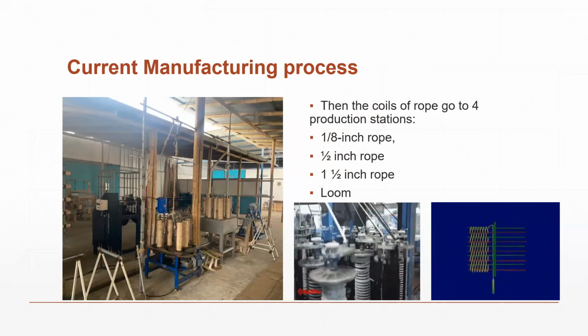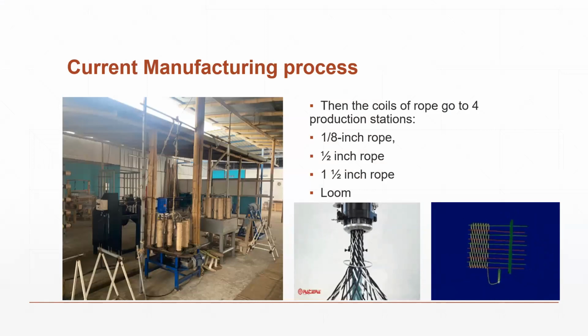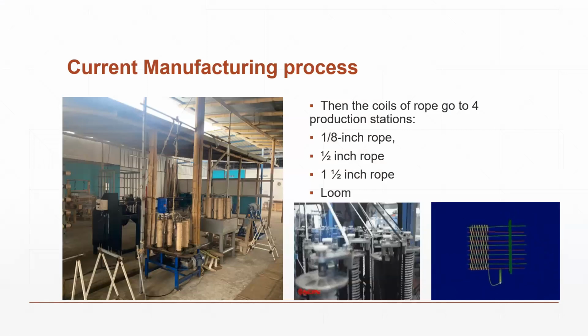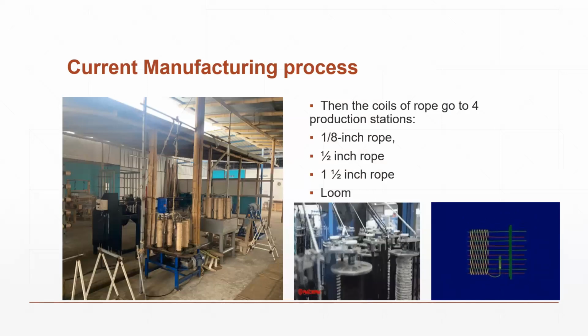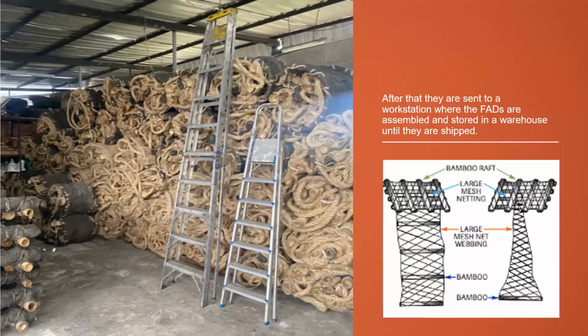Once all the products are finished, they take the ropes and the looms to the assembly station, and store all the parts in a rack or in storage. And a FAD is like you can see here, how they make a FAD.